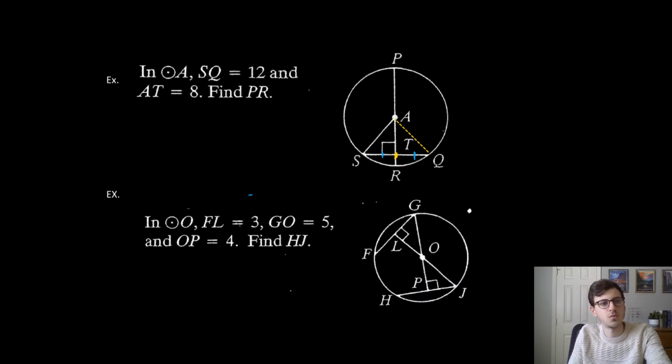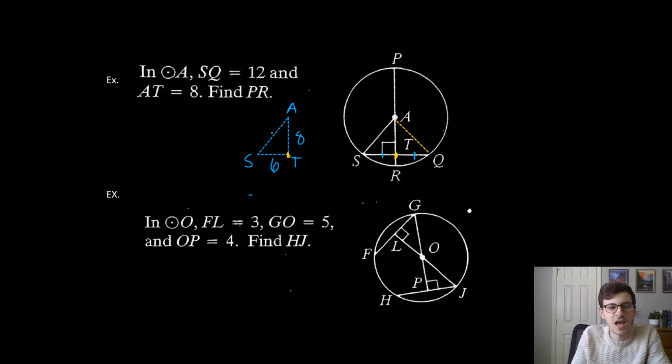And so maybe we can bust out this triangle right here: here's A, here's S, and here's that point T. ST is 6, AT is 8. Then AS must be, well, this looks like a 3, 4, 5 right triangle. So AS must be 10.